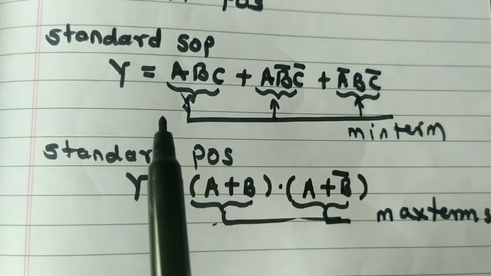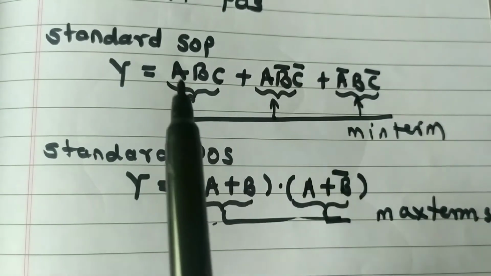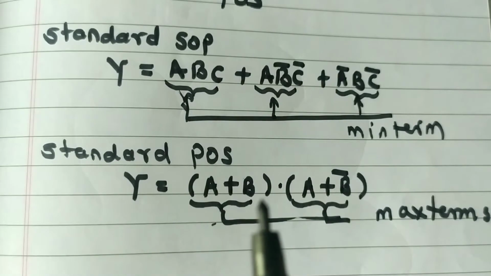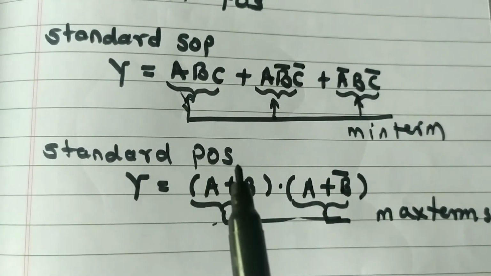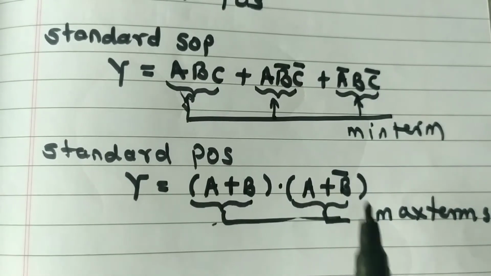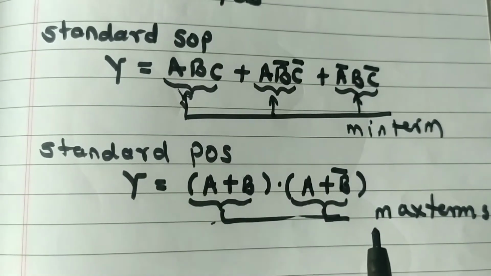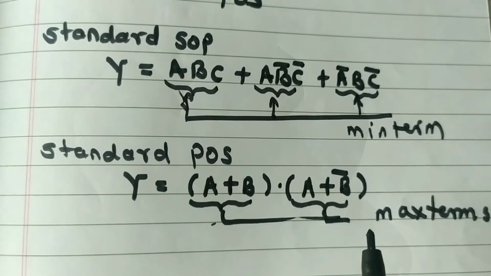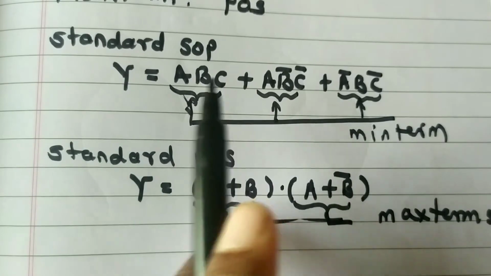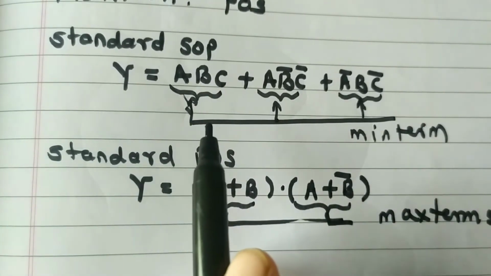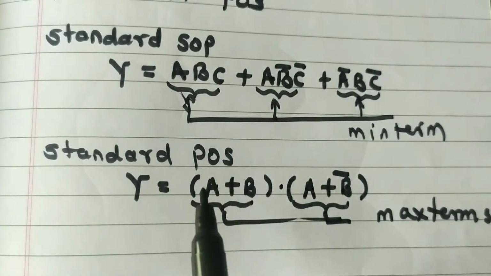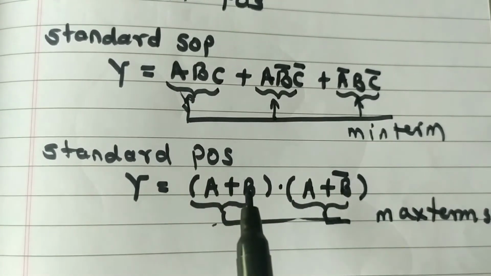Now, one thing must be noted: each product term is equal to 1, or the true condition, and in the POS equation, each sum term represents the logic low level, or zero level, called false. That means for the standard SOP equation, y is equal to 1, whereas for the standard POS equation, y equal to 0.